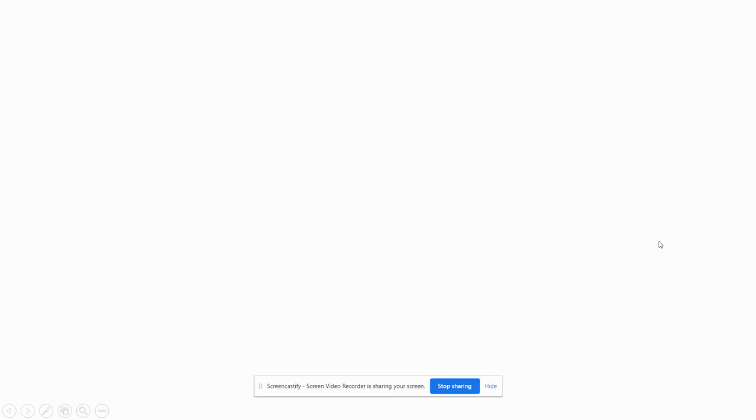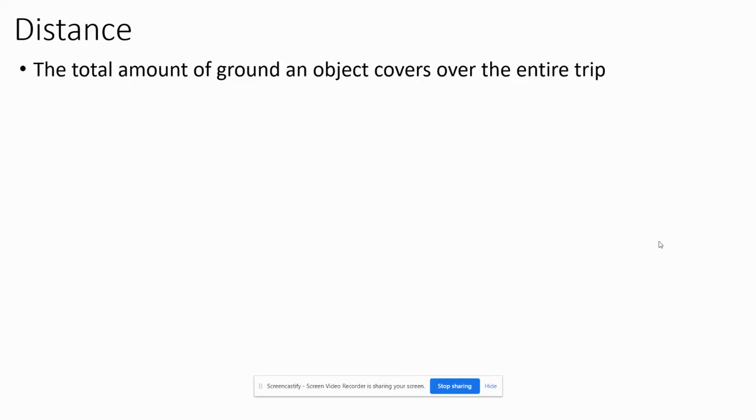Okay, so distance. Go ahead and write down what we see here. What is distance? Distance is the total amount of ground an object covers over the entire trip. If I'm driving somewhere and I'm making lots of turns and going around curves and up and over mountain passes, the entire trip, that is my distance.